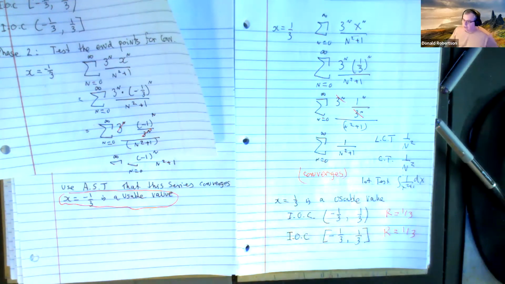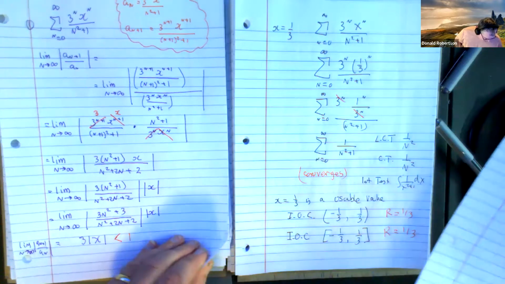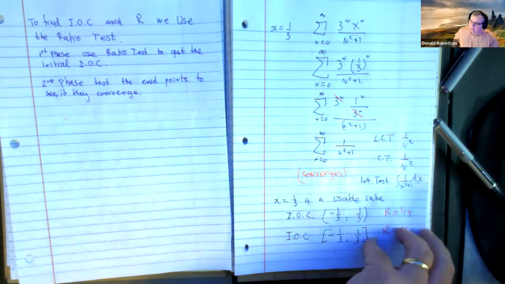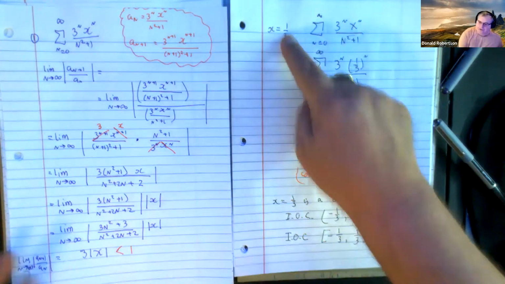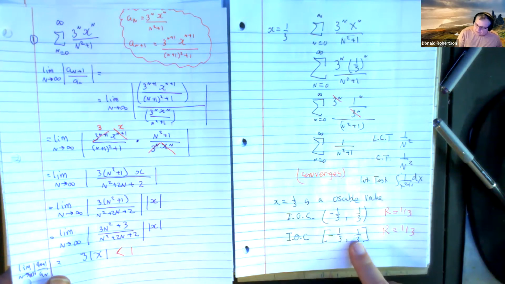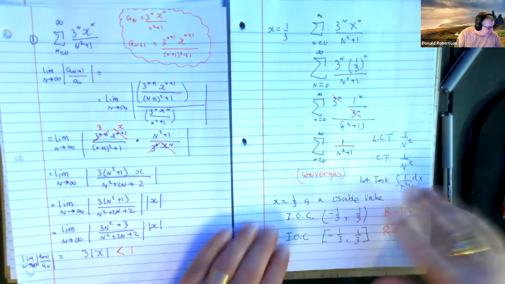Once you've got a radius of convergence, you're good. Does that stand up to what I said, that these are extremely long questions? You got a ratio test to get to this guy. You got to do 2 tests on the endpoints, and all of that leads to just one little result, the interval of convergence and the radius of convergence.